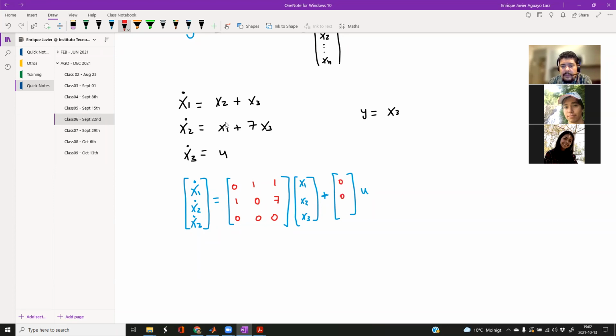In the second equation, 0, and in the last equation is equal to 1. And the output of the system is equal to something like this, where it says 0 times x1 plus 0 times x2 plus 1 times x3.